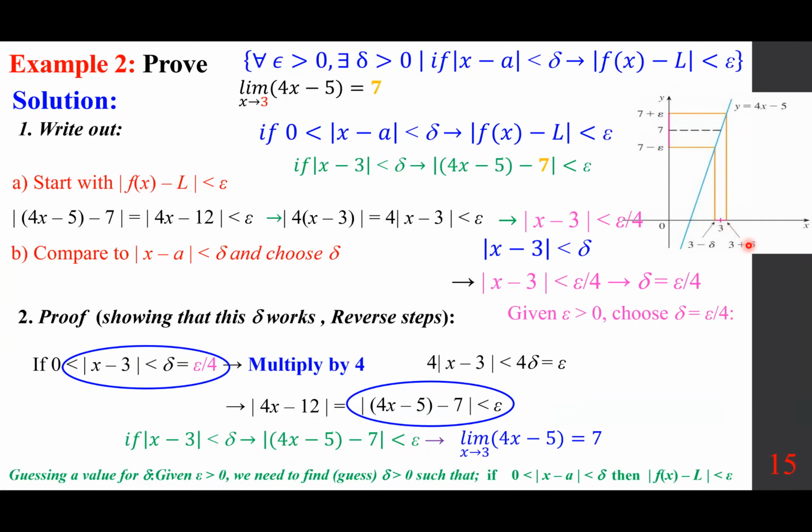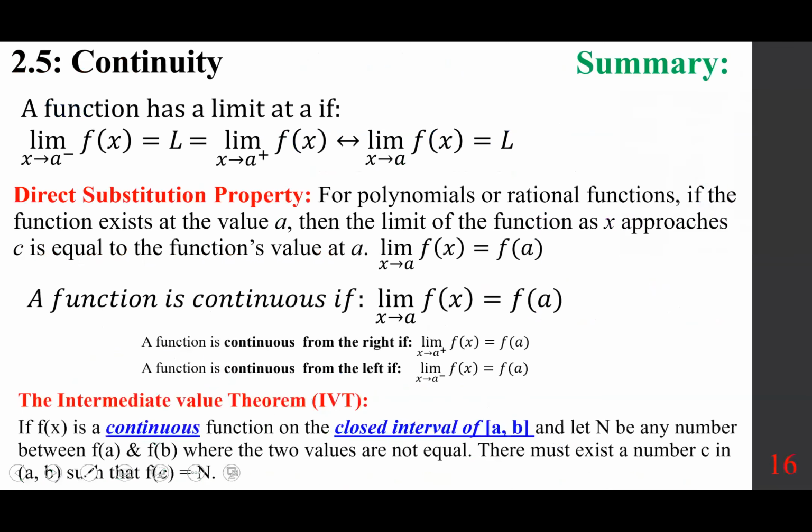So within delta along the x-axis, the y is within 7 minus epsilon and 7 plus epsilon along the y-axis when the limit is 7. So we have this distance. And bear in mind, this is for illustration that they show a pretty large distance, but the distance is extremely small because both delta and epsilon are extremely small.